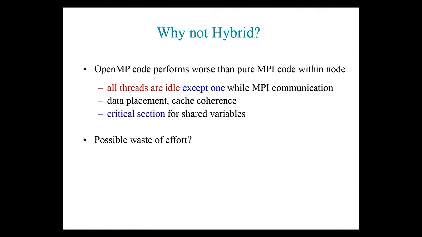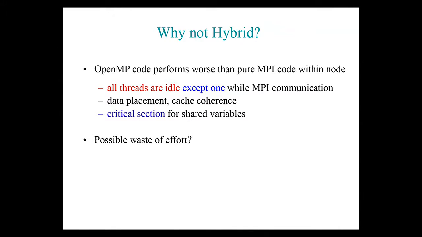So for example, if MPI communication takes lots of time, and when you do the MPI communication all the threads, the other CPUs on the node, will be idle, then in this case OpenMP may not perform better than pure MPI. The other case is if you have difficulties dealing with data and cannot handle the data race problems in OpenMP, you may not want to add OpenMP to your MPI code.